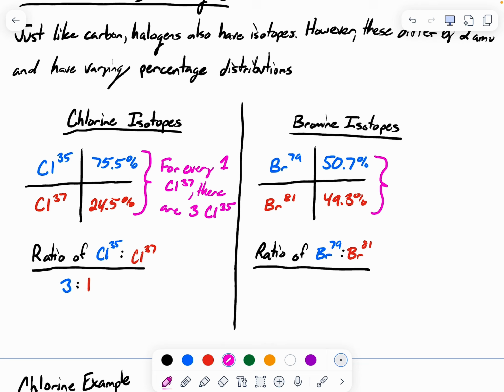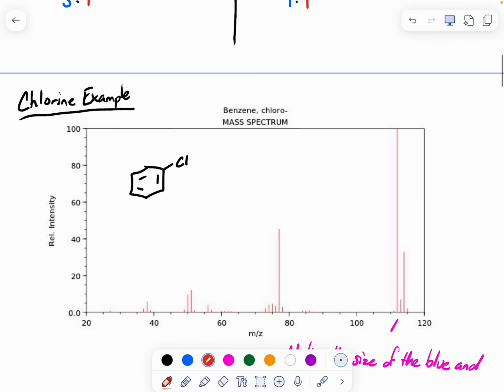So it's an equal distribution. Our ratio of bromine 79 to bromine 81, we're calling an exact 1-to-1 for the sake of this course.